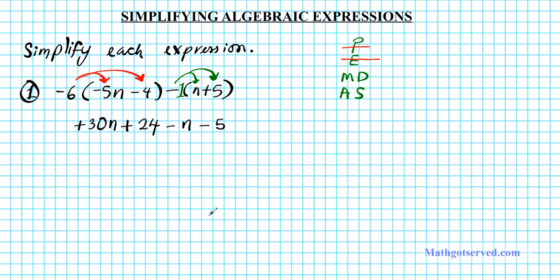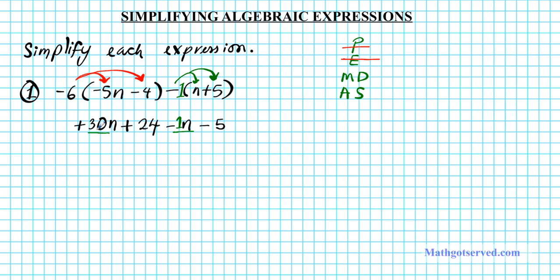Now we'll proceed to combine like terms with the same degree. We have 30n and -n to the first degree, so let's underline that. n and n we combine. Now we're going to be adding or subtracting the coefficients. n has no number in front, so the default coefficient is 1.